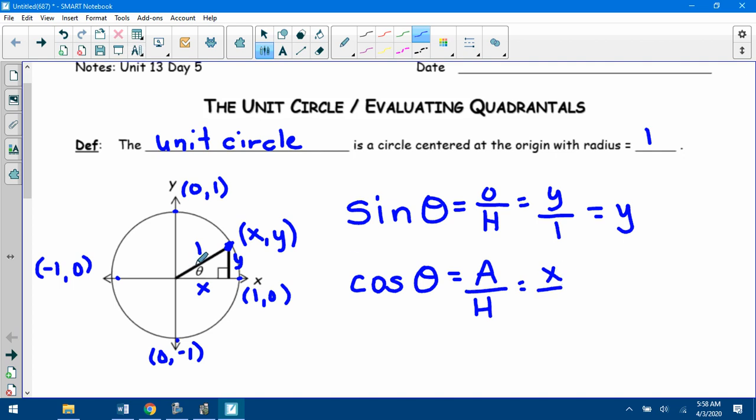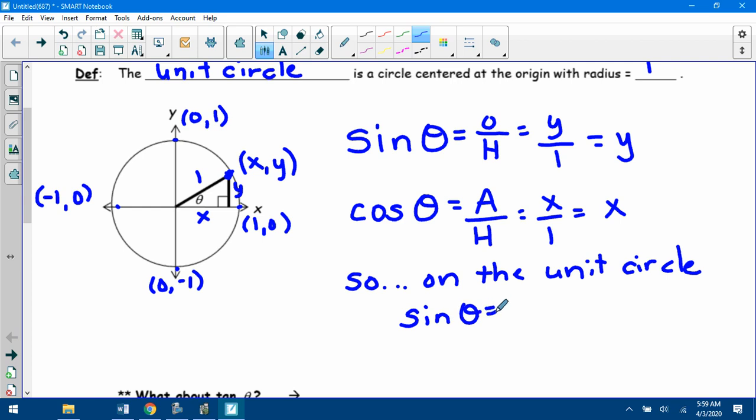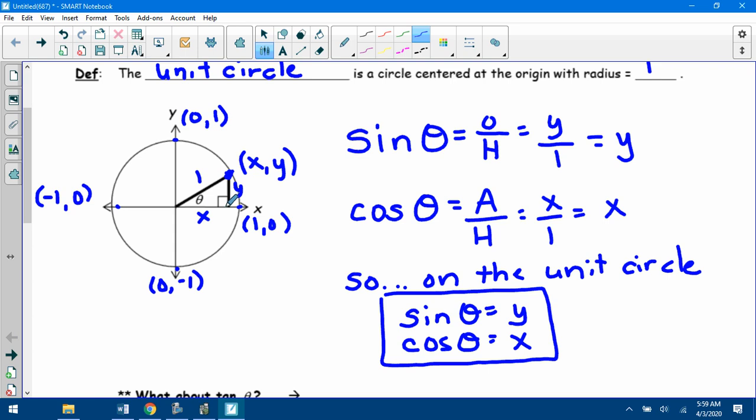Hypotenuse is 1. x over 1 is just x. So on the unit circle, sine of theta is equal to y, and cosine of theta is equal to x. And that's true of any point on the unit circle.